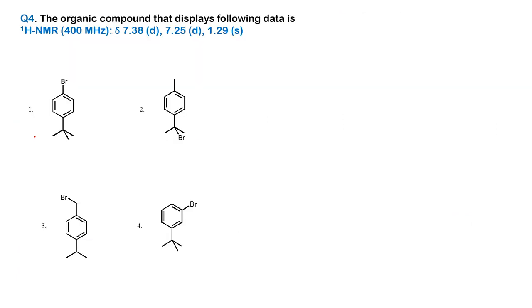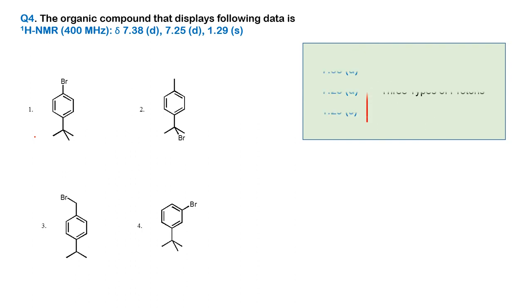Question number 4. The organic compound displays the following data, that is 1H NMR recorded on a 400 megahertz instrument, and the three values are assigned. For that reason we need to assign the correct structure for this data. As this data is suggesting, there are three peaks, that means there are three types of protons.